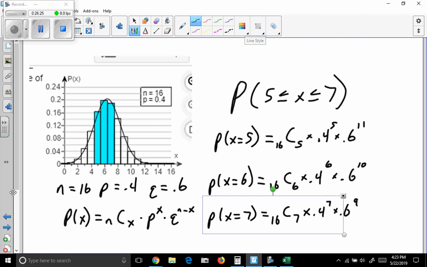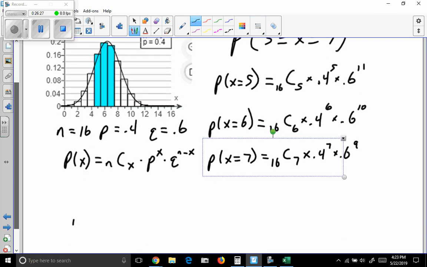And remember what 16 choose 7 means, or how we calculate that. We do our first number factorial divided by the second number factorial times their difference factorial. And we get a number for that.